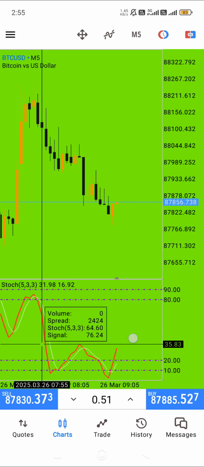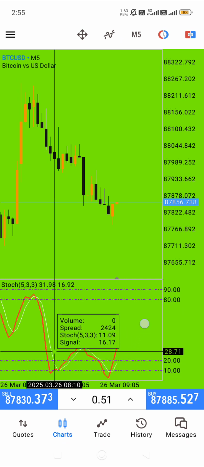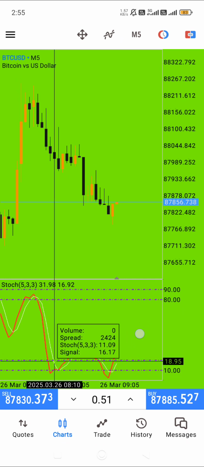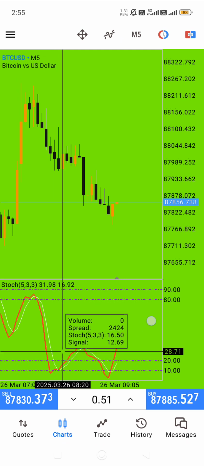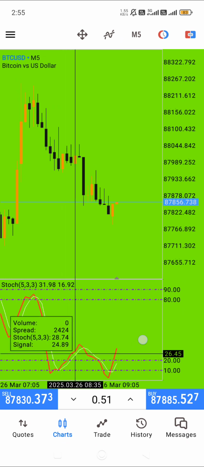Here is a strong sell, and the 10 and 20 level touch up. A little bit of buying and selling up and down, but it is not confirmed here whether it will buy or sell.